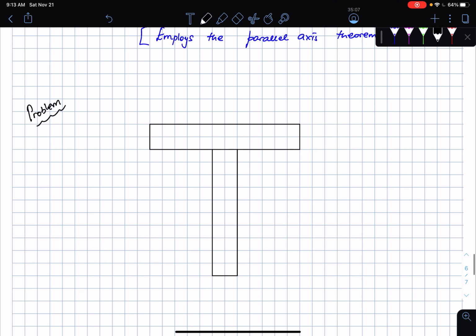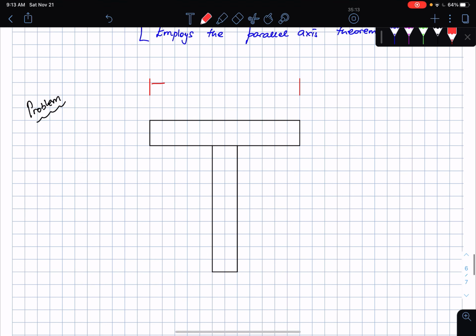The top flange of this one has a width of 100 millimeters, and the height of this is 20 millimeters. This is called the flange.